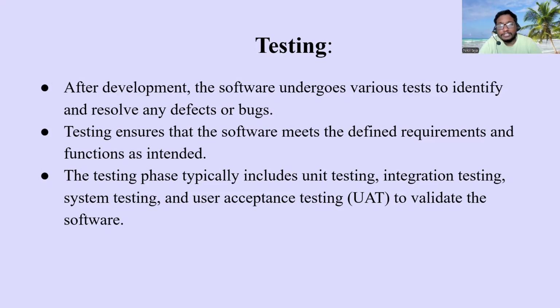After development, the software undergoes various tests to identify and resolve any defects or bugs. If any bugs or defects are there, the development team will take that responsibility and resolve those issues. Testing ensures that the software meets the defined requirements and functions as intended. So they will be testing based upon the requirements.